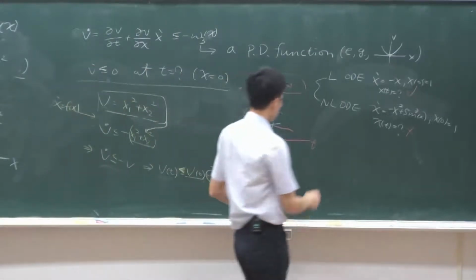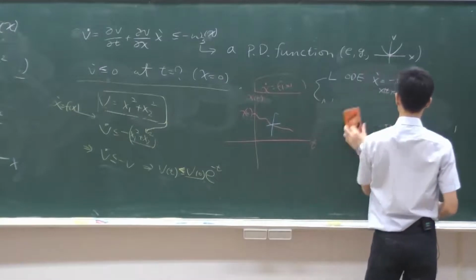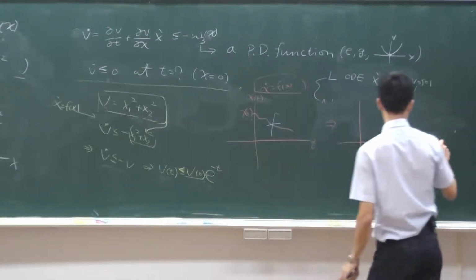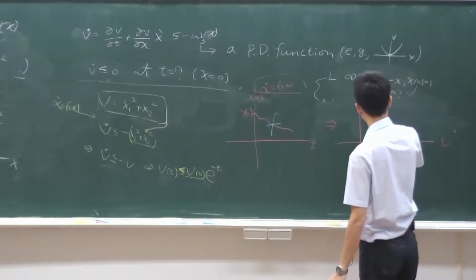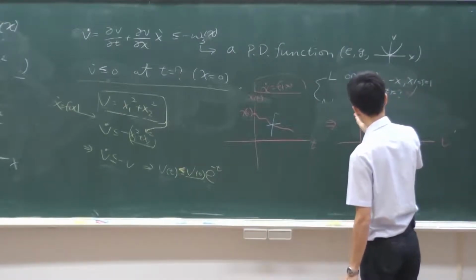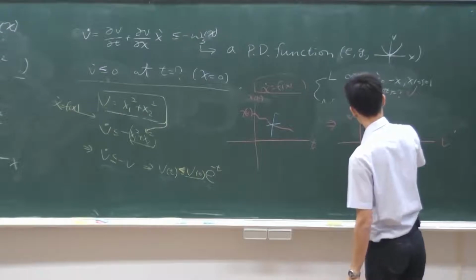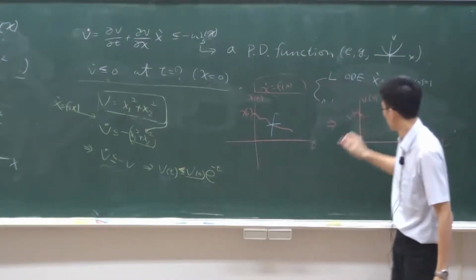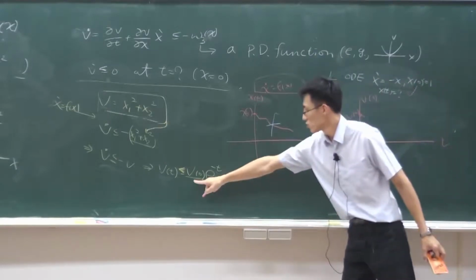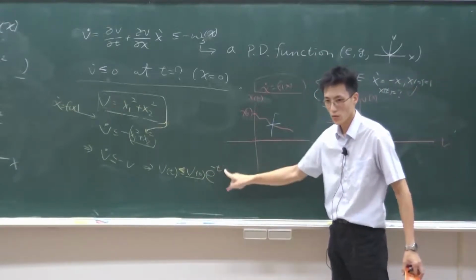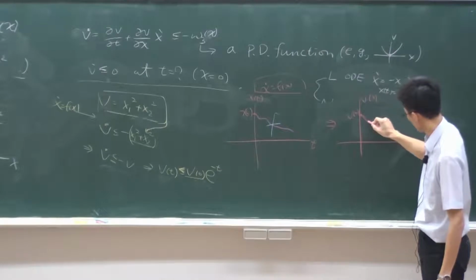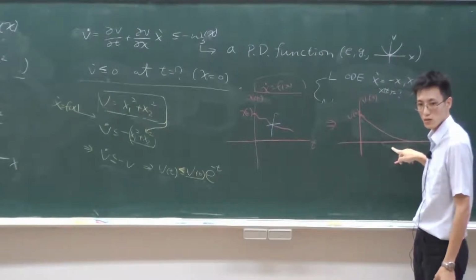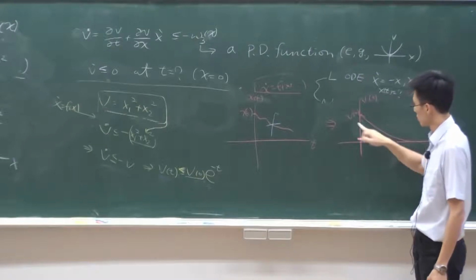So given V0 as the initial condition at t equal to 0, this is 1. It decreases from here to 0 exponentially fast, right? So this is V(t).